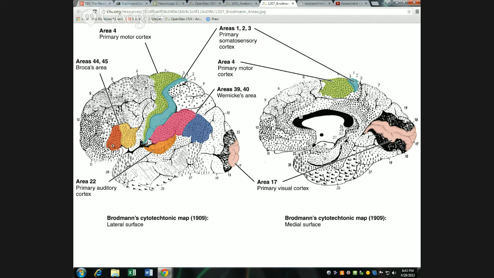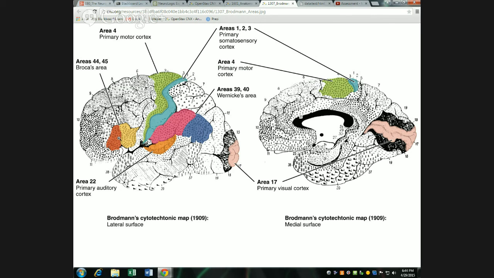So this is essentially the planning region of the frontal cortex for making speech. If somebody loses tissue in this area, that's going to result in an inability to produce speech.